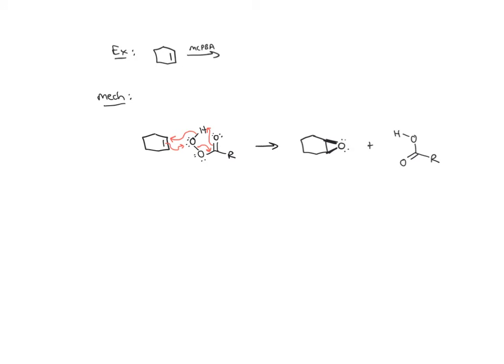So let's trace where all of the electrons were going, because this is a pretty complicated few arrows that we drew there. So if we trace where everything's going, we can say we have the bond in red is the pi bond. That is going to make one of the bonds to the oxygen. So that's where those electrons went to making that sigma bond. Our next arrow is breaking the bonds in between the two oxygens. So we can show that one in blue. So that bond ends up becoming one of the pi bonds of that carbonyl in the carboxylic acid byproduct.